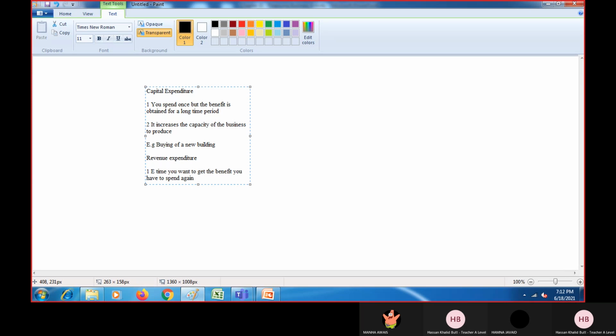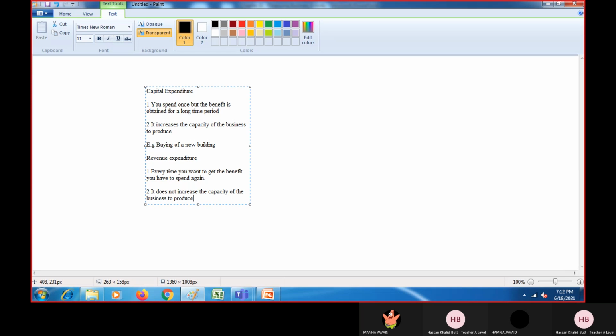Every time you want to get the benefit, you have to spend again, right? Let me just give you the second condition as well. That is, again, it does not increase the capacity of the business to produce.